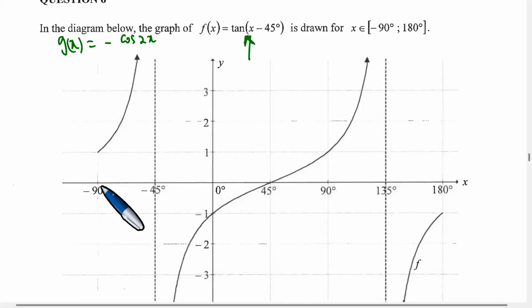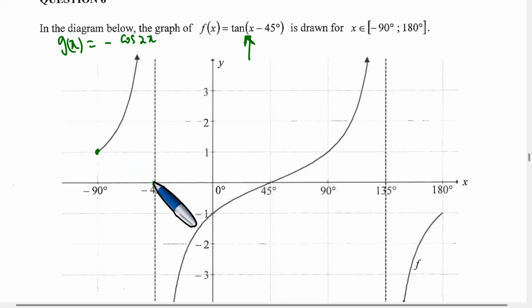Let's start. You just need to substitute the values. When x is minus 90 degrees, 2 times minus 90 is minus 180. The cosine of minus 180 is minus 1, but there is a minus there, making it a 1. At 45, 2 times 45 is 90.